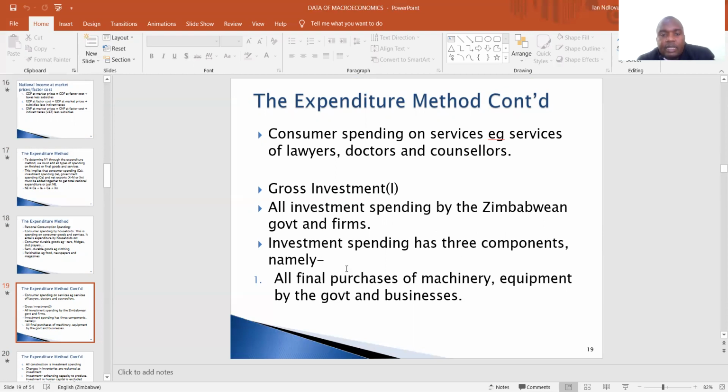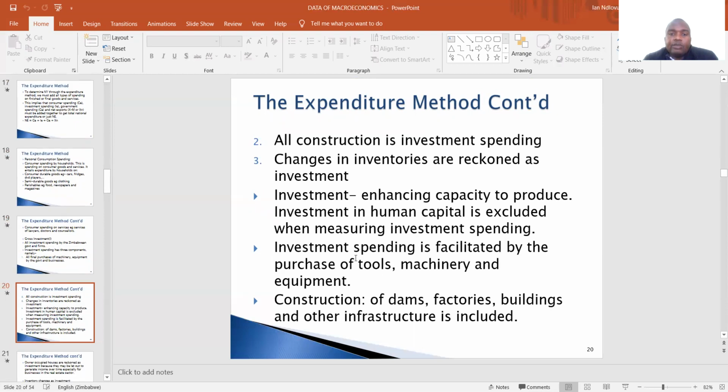Investment spending has three components, namely all final purchases of machinery and equipment by the government and businesses. Number two, all construction activities or projects in an economy are reckoned as investment in macroeconomics. And then the third point is that changes in inventories, not the monetary or inflationary changes in inventories, but physical changes in inventories, as reckoned by their monetary denomination, are reckoned as investment.